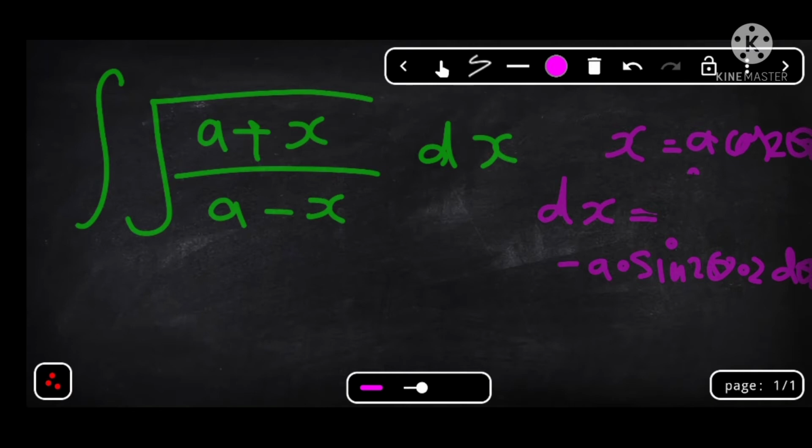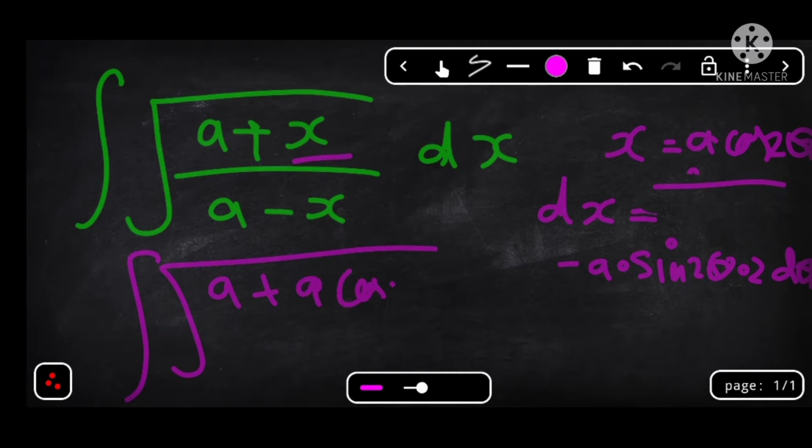Okay, so we can rewrite this thing as integral root of a plus, in place of x we'll write this one, so a cos 2 theta, divided by a minus a cos 2 theta.